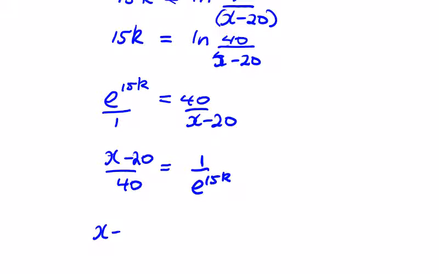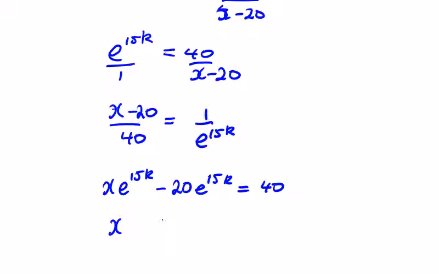I'll just multiply this out the long way. x times e to the power of 15k minus 20 times e to the power of 15k is equal to 40. So x times e to the power of 15k is equal to 40 plus 20 e to the power of 15k.